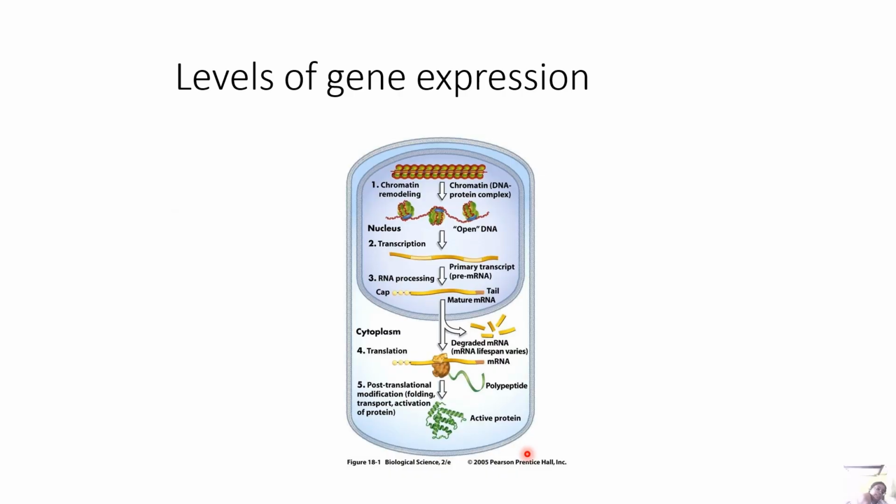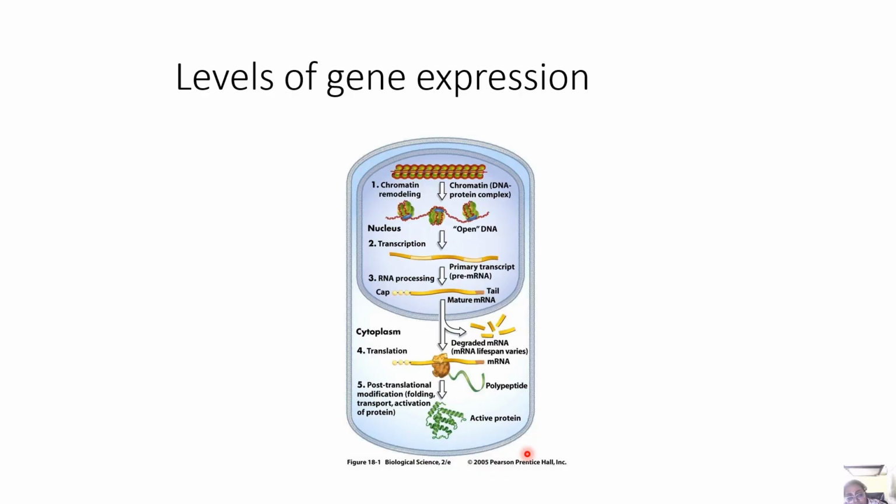Now, what are the levels of gene expression? We start from chromatin remodeling, the chromatin DNA protein complex, which is in the nucleus. From there, transcription, primary transcript, RNA processing, adding a cap to the 5' end and a poly A tail to the 3' end.